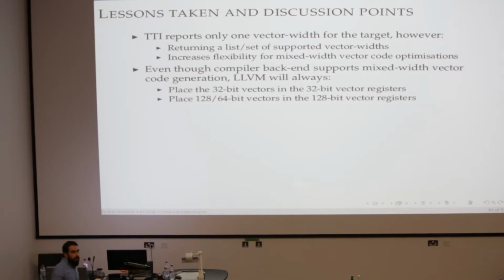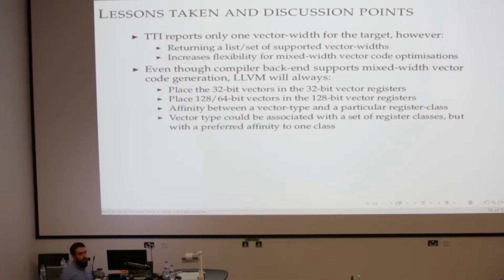And the second one is, even though we have compiler backend support, LLVM still places the 32-bit data in 32-bit registers and the larger ones in 128-bit vector registers. So there is a strong affinity between a vector type and the register class. What if the vector type could be associated with a set of register files, but with a strong affinity to one register class?